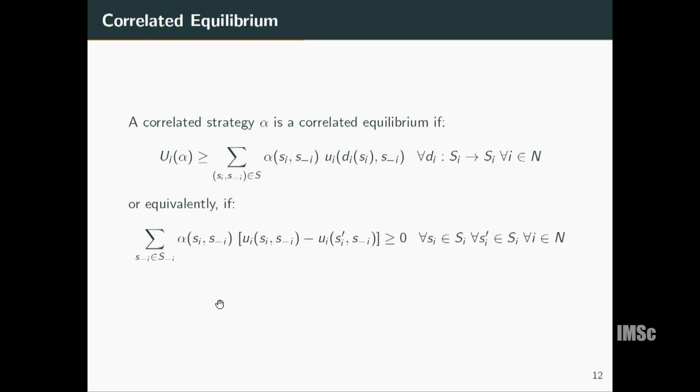Okay, so this essentially means S_i can be replicated by any other S_i prime. So what you want is this: alpha(S_i, S_-i) into U_i(S_i, S_-i) was nothing but U_i(alpha). You take this term to this side, and S_i prime is any other strategy.